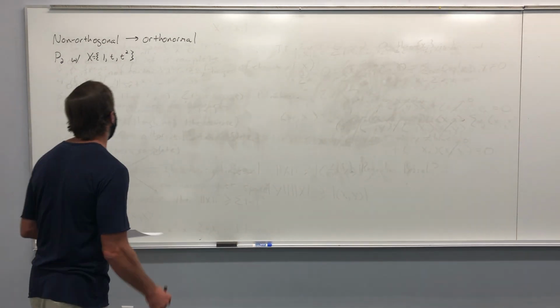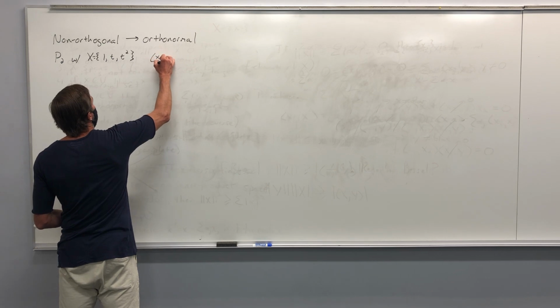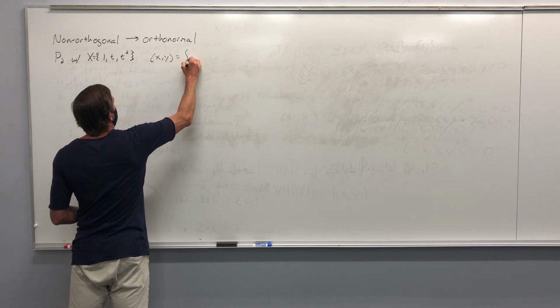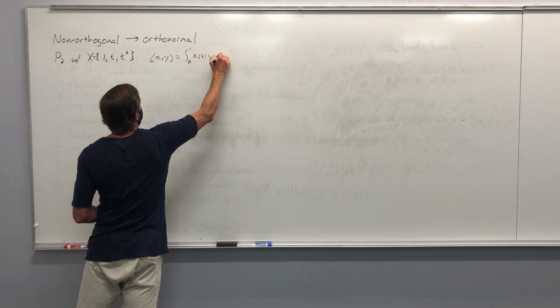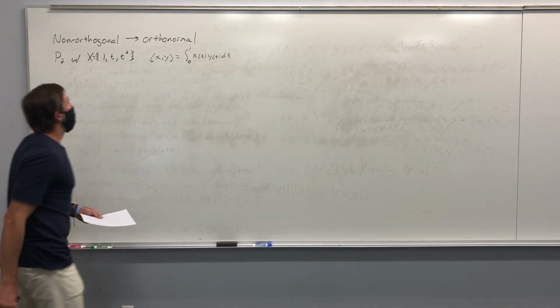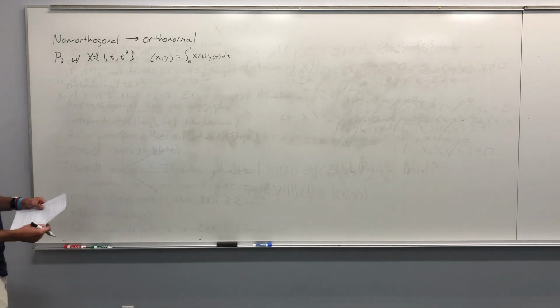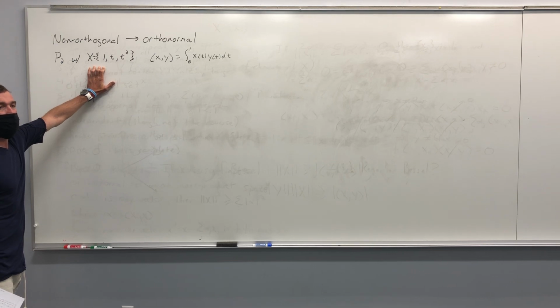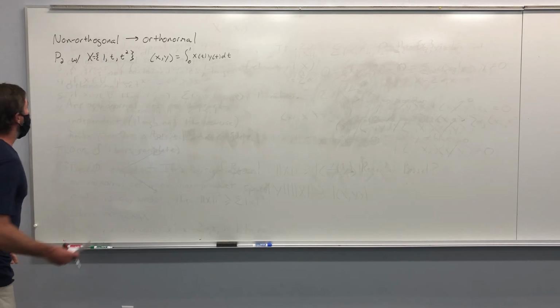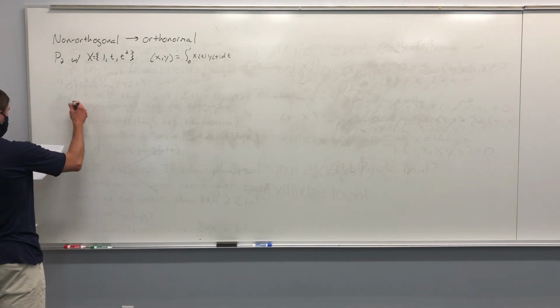Using the inner product, where the inner product of x and y is the integral from 0 to 1 of x as a function of t, y as a function of t, dt. Now what we would like to do is take this set and from it build an orthonormal basis. And this is a very nice methodical procedure. Here we go.